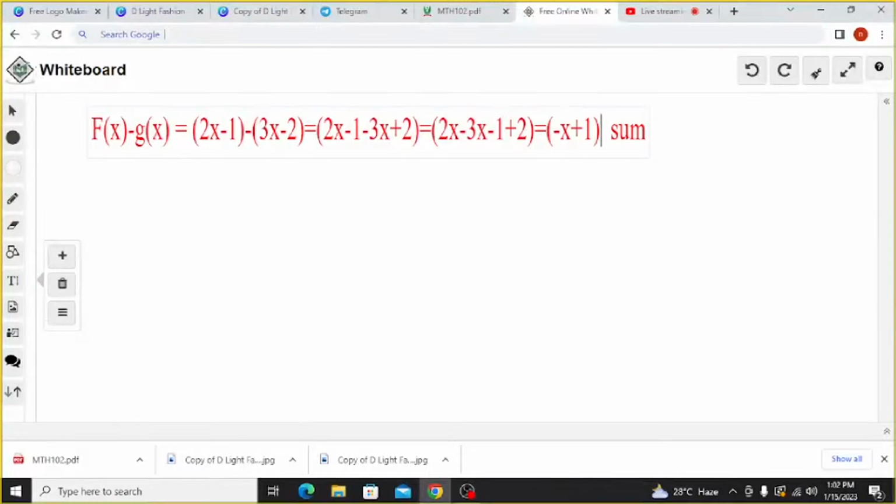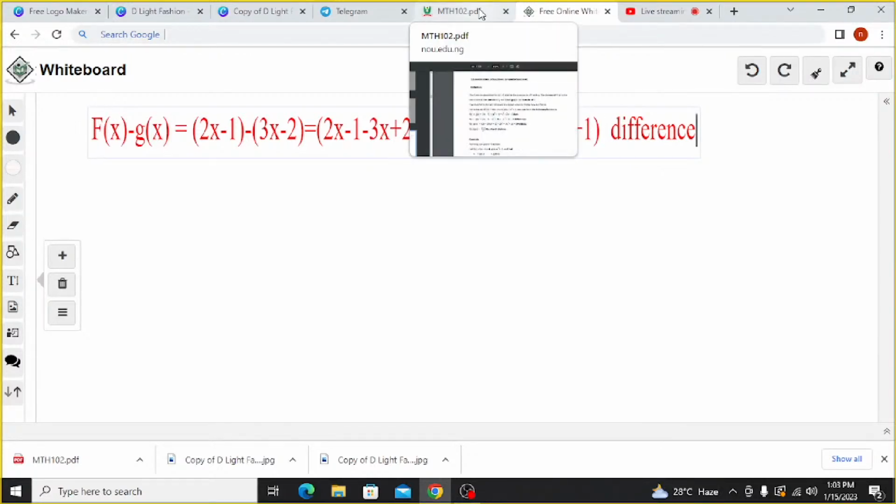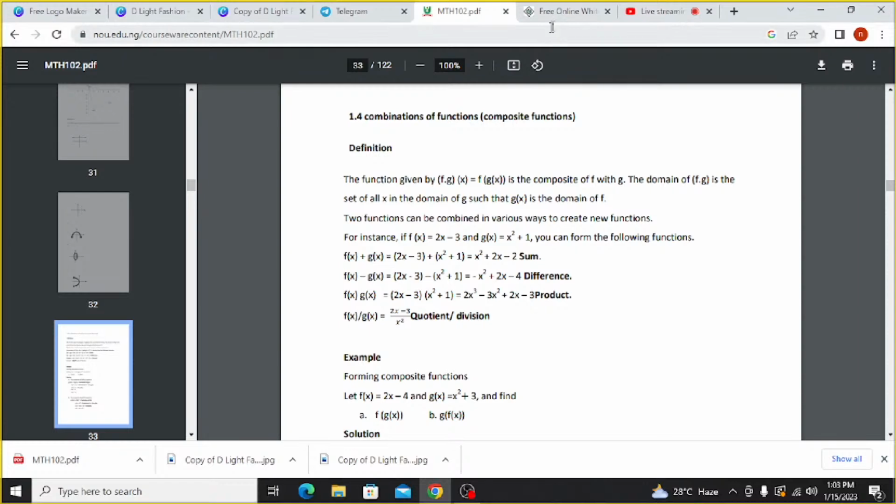So this is our answer. We call this one difference. This is our minus.